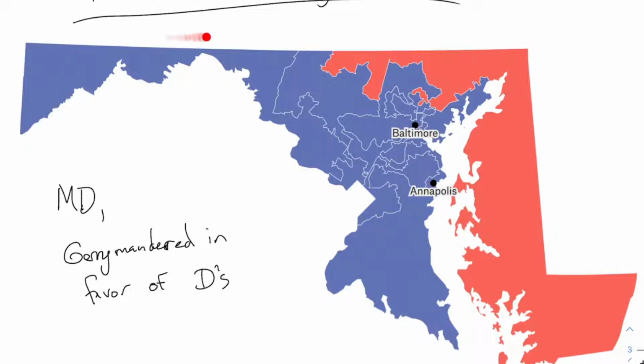And similarly for this one and this one here, they involve lots of rural Republican areas, but because of the weird little jagged bits, they are picking up pieces of Baltimore and the more Democratic suburbs. This is generally how it works.